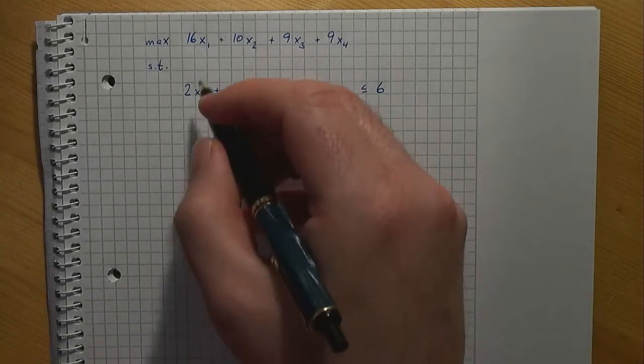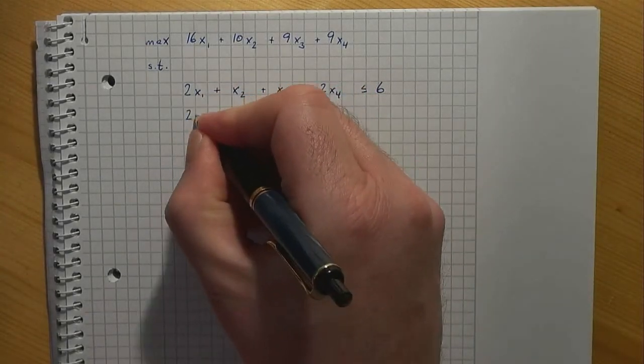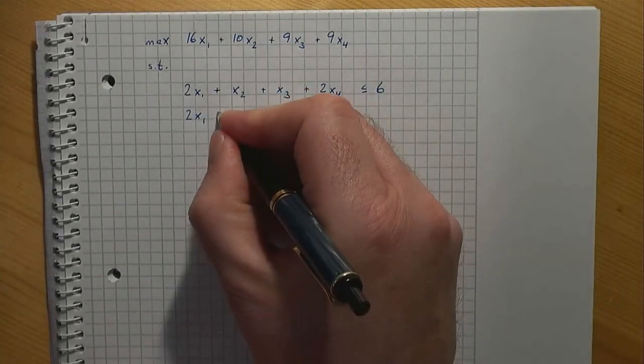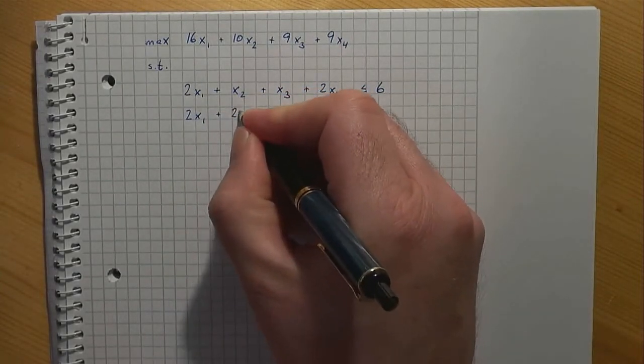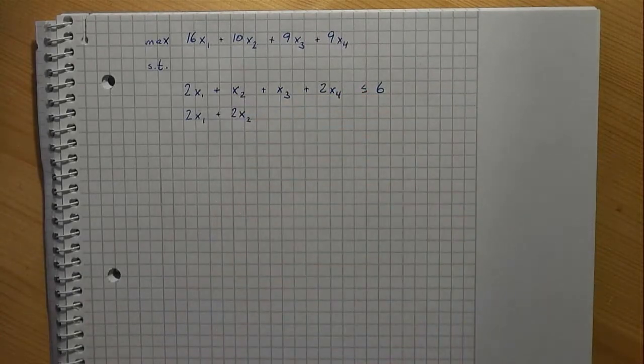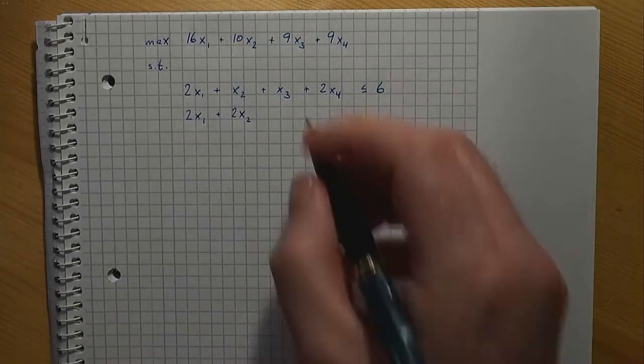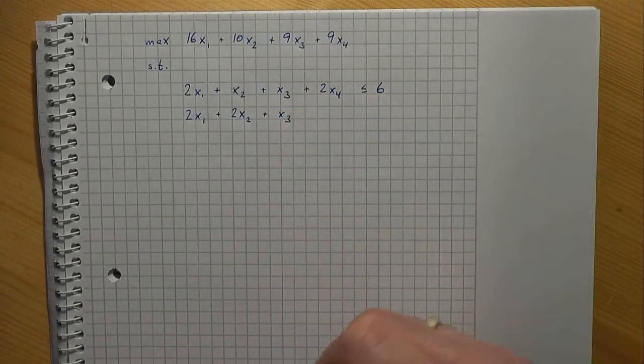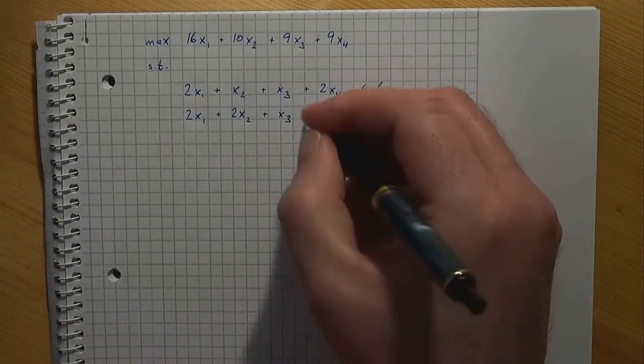The 2x2s, we need two of them for a table. We need two of them for a chair. We need one for the old lounger.